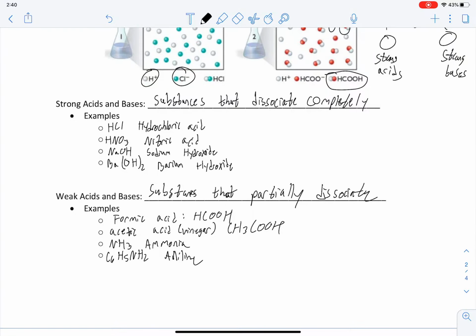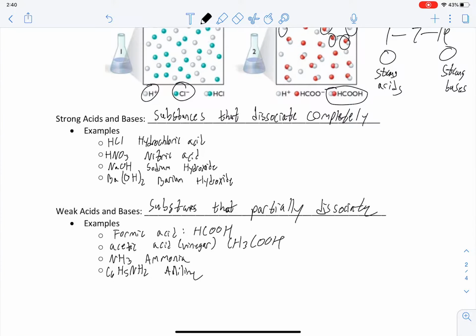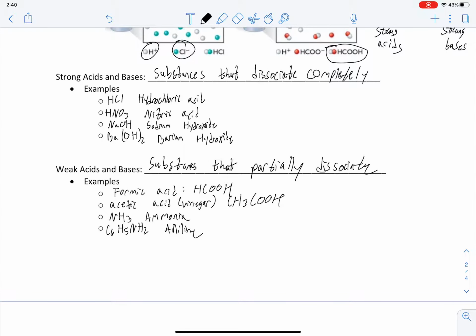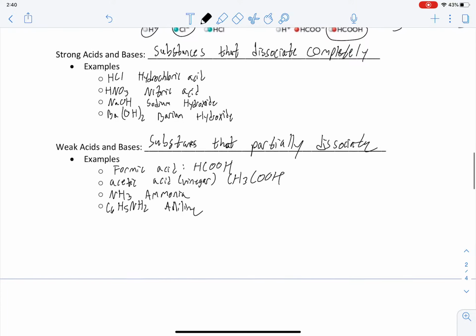All right, so big idea, strong acids and bases are substances that dissociate completely. Weak acids and bases are ones that only partially dissociate.